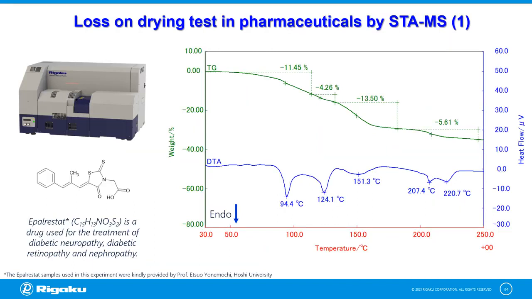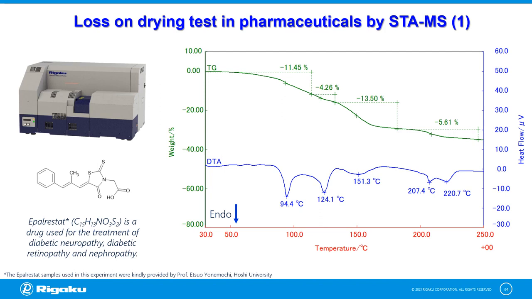The Japanese Pharmacopoeia has specified the use of TG method as a standard for the performance of loss on drying tests in pharmaceuticals. Here is an application of TG on the loss on drying test in epalrestat, a drug used for the treatment of diabetes.